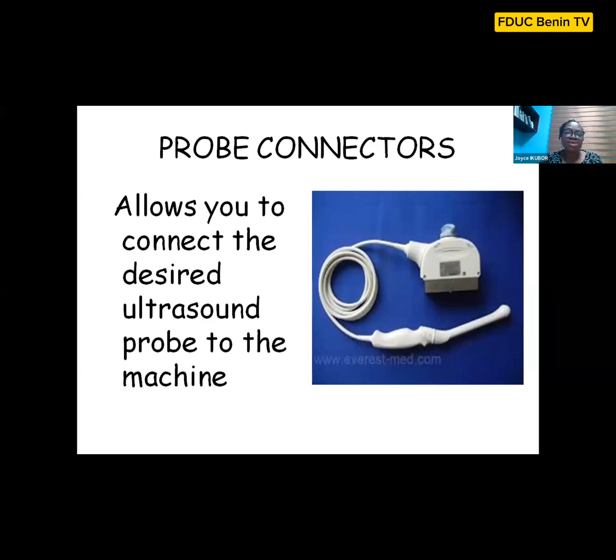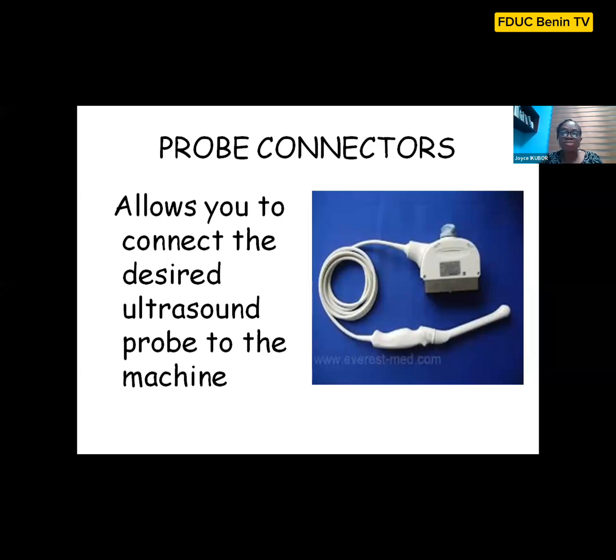Again, most times, it's already connected to the machine. But if you have to do different examinations, then you have to disconnect one probe and connect another one. And this probe connector, which you are seeing on the screen, helps you to do this. Some of these newer machines, all you need to do is just click on a knob, and that particular probe is already activated.